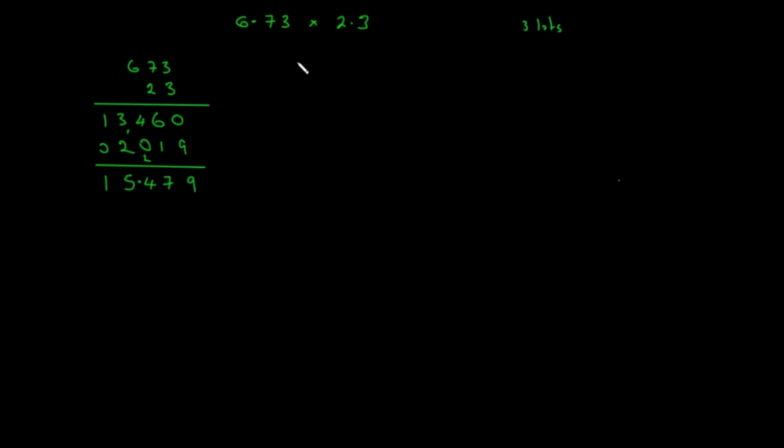Let's do another one. Let's do 429, and I want to put the decimal point there, and this time multiply it by, oh yeah, why not, 0.26.